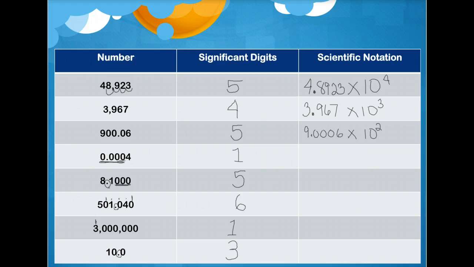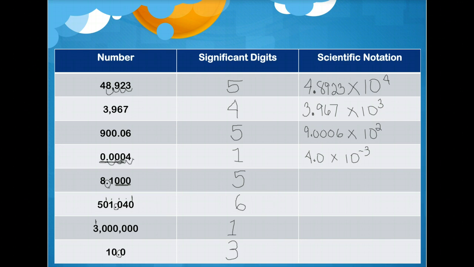Okay? Here we're going to have 4.0 times 10 to the -3 power. We're moving our decimal this time to the right.